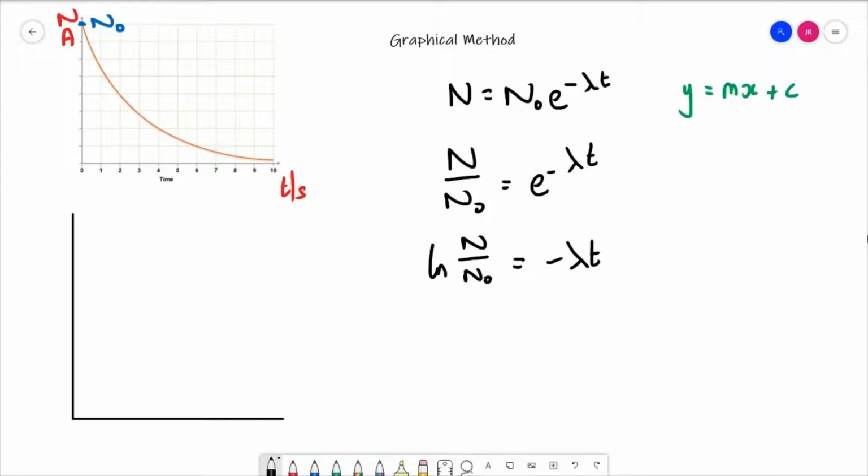I won't explain that step there because that step to change natural log of e to the minus lambda t into just minus lambda t was explained in the last video. For the bit on the left hand side of the equation here, we can then rewrite that as natural log of N minus natural log of N naught is equal to minus lambda t.